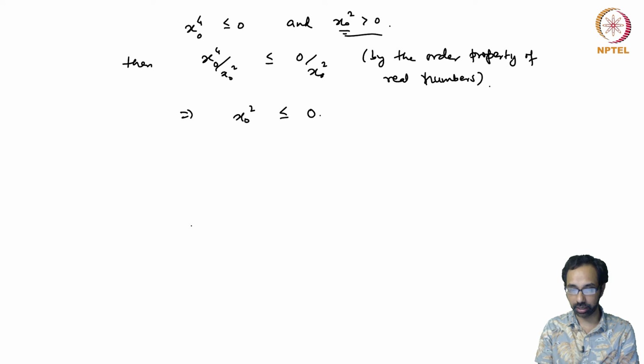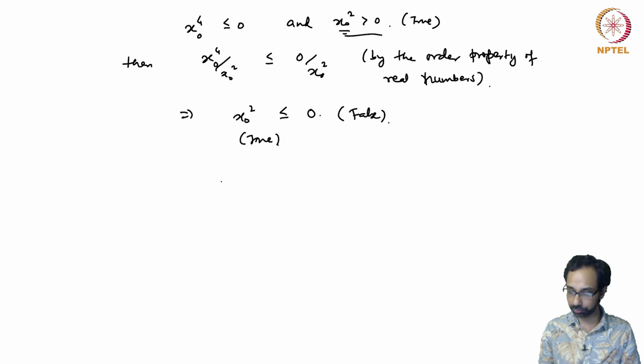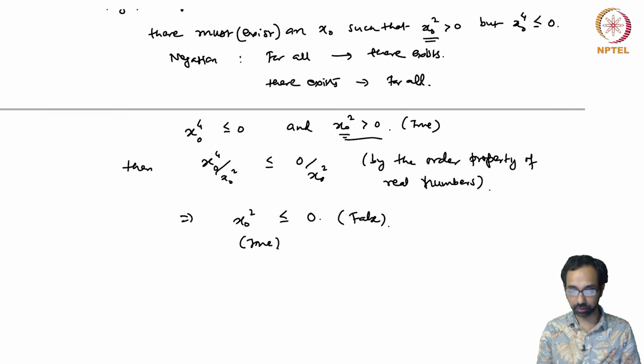So if this is true, this cannot be true, and this must be false. But by a chain of logical statements, we have proved that this is true. So since this cannot be true and false at the same time, this means that our original assumption, that there must exist an x naught such that this happens, must be false.